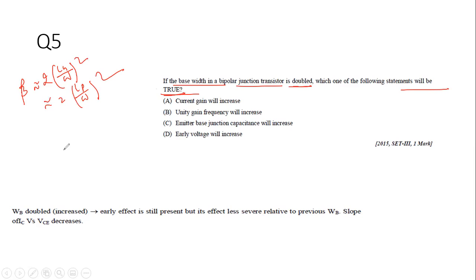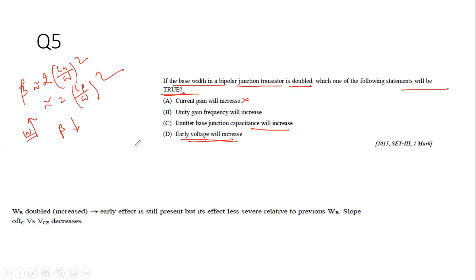The current gain will increase, unity gain frequency will increase, emitter base junction capacitance will increase, early voltage will increase. What will happen actually? If the base width is doubled, then beta will decrease. Beta will decrease, so the first option is wrong.